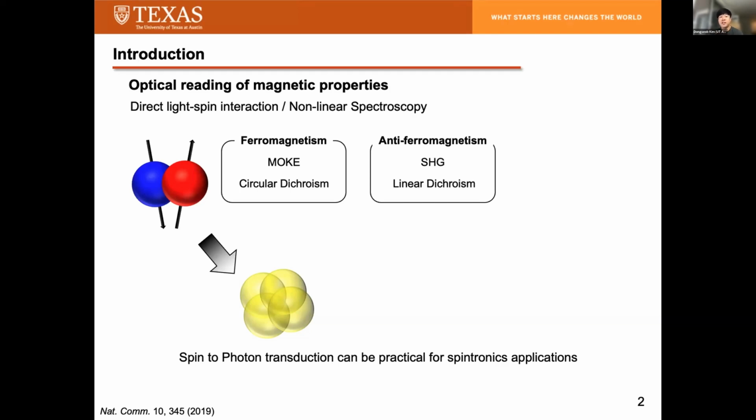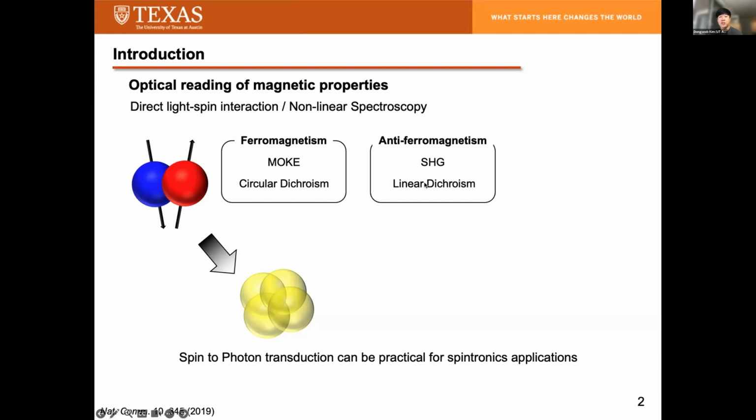For a ferromagnet, people typically use circular dichroism or MOKE, that kind of technique. For an antiferromagnet, people use linear dichroism, or sometimes they introduce symmetry information, so they can get spin information by using second harmonic generation.